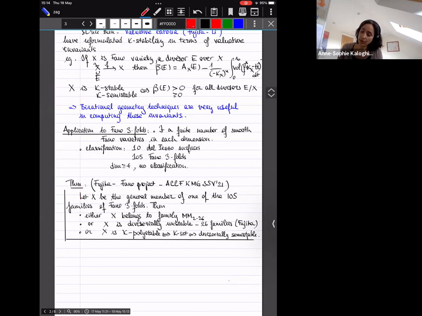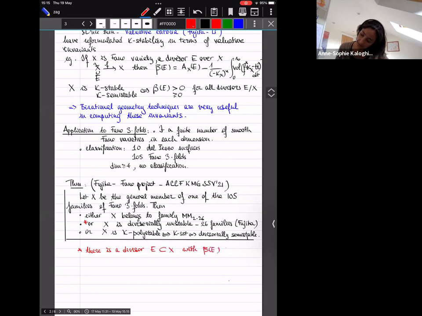Divisorially unstable here means that it fails the valuative criterion for K-stability in the most obvious way: there is a divisor on X, not just over X, with a negative beta invariant.